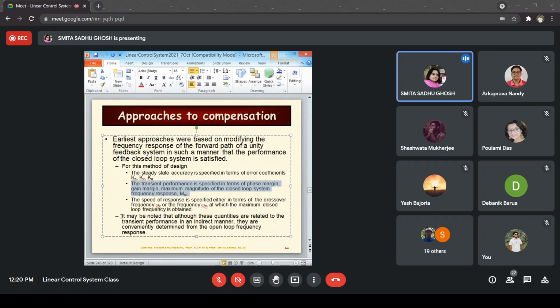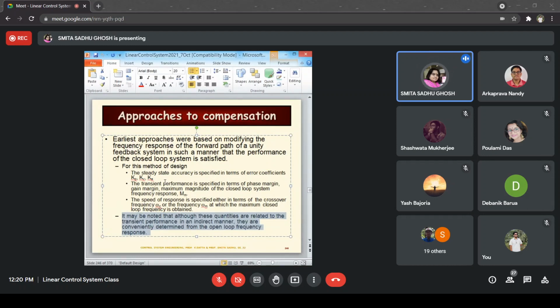It may be noted that although these quantities are related to the transient performance in an indirect manner, they may be conveniently determined from the open loop frequency response. You would be noting that over here, I have stated transient performance. Transient performance actually refers to time domain response, the time response.